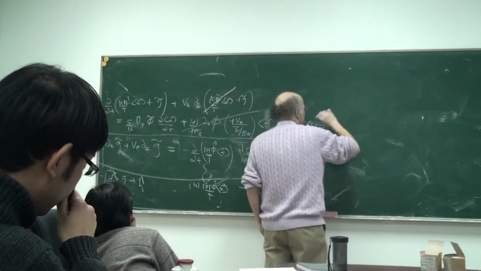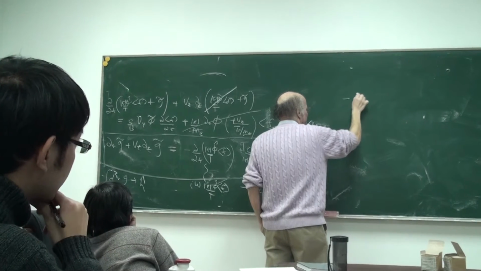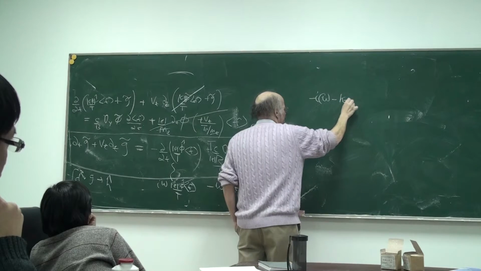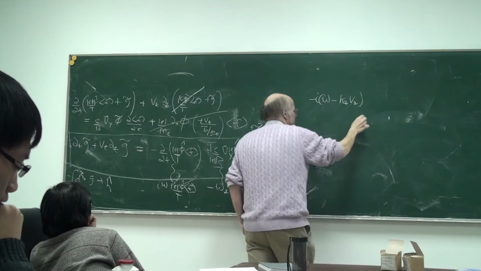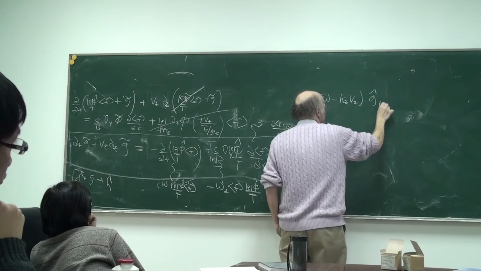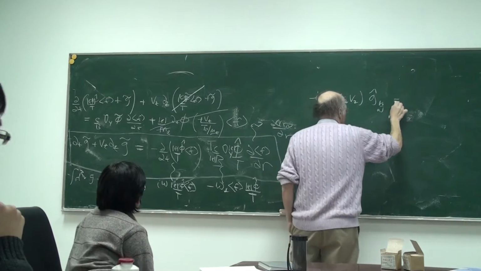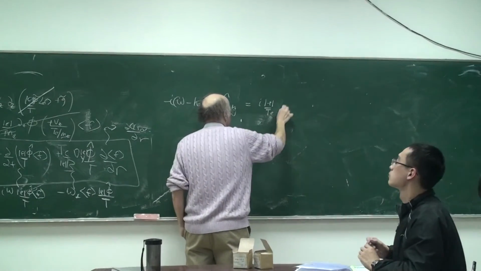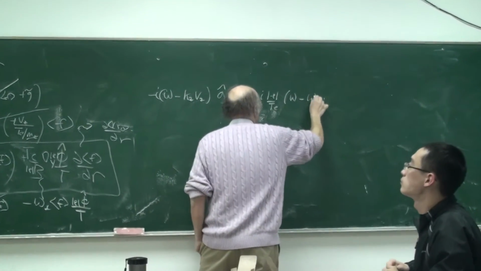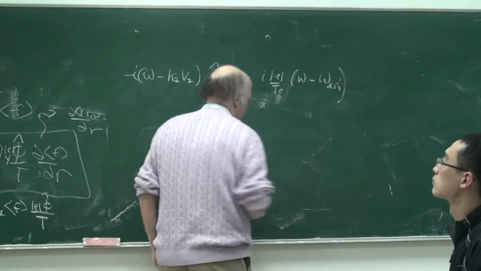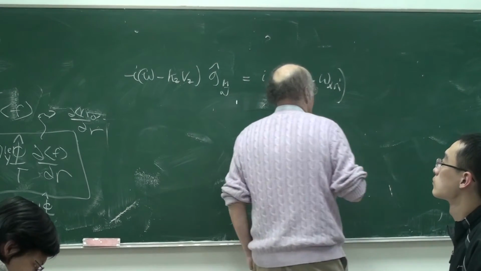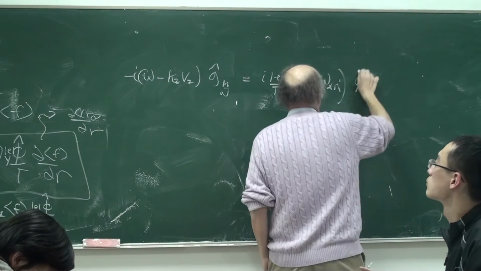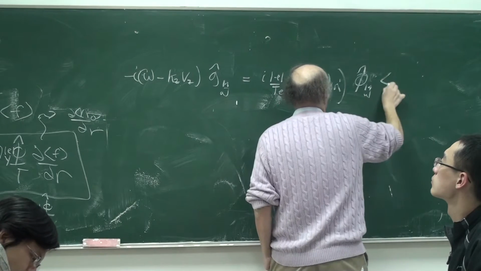So in writing in Fourier transform, you have minus I omega minus kz vz times g of k omega is equal to I e over T omega minus omega star n, okay, times phi of k omega times f average.